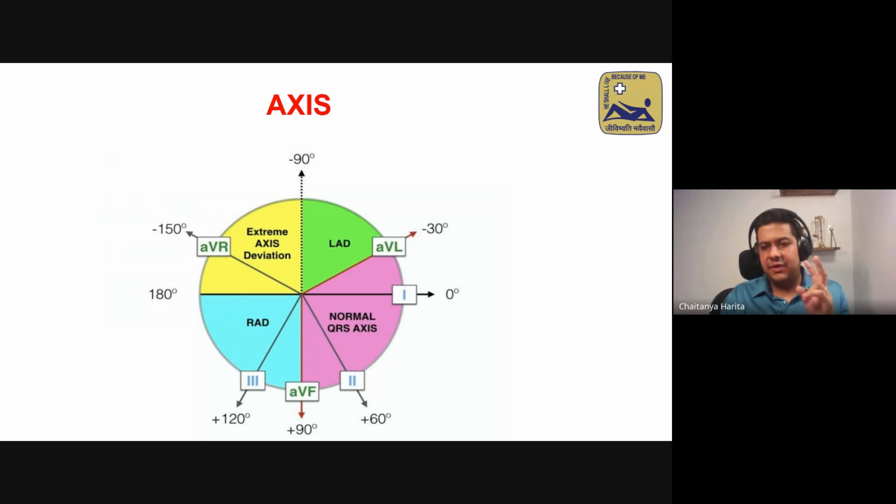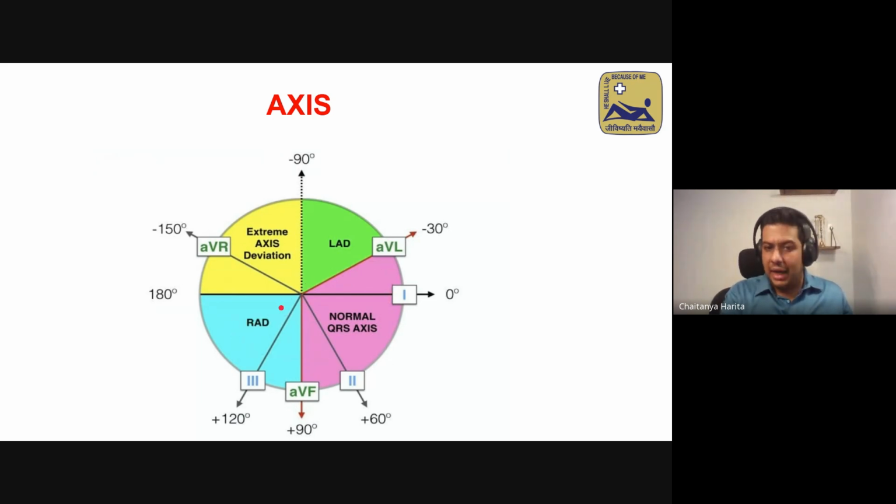This change in axis reflects two things: either the chamber is enlarged and thicker, so there is more electrical activity and the vector has changed, or one of the connections to the ventricle, your bundle branch, has become slow. Only two things cause a change in axis.